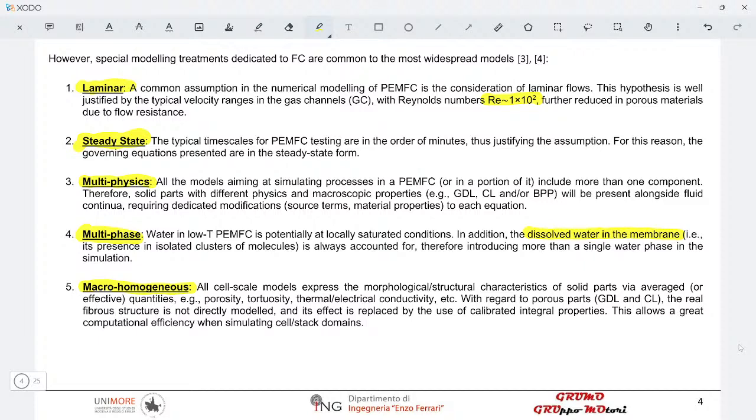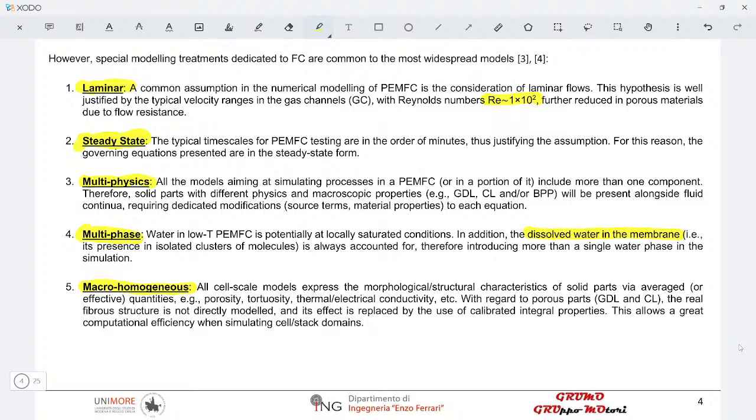In our case, gas diffusion layers and catalyst layers will be composed by papers, literally papers of carbon pressed one above each other. So we will have basically solid fibers, a matrix of solid fibers, which are assembled one on the top of the other.